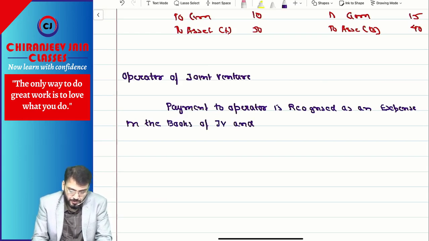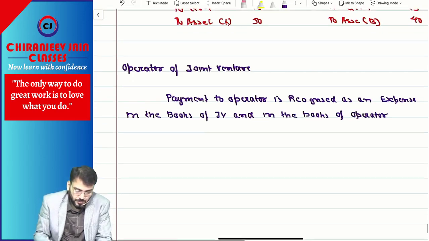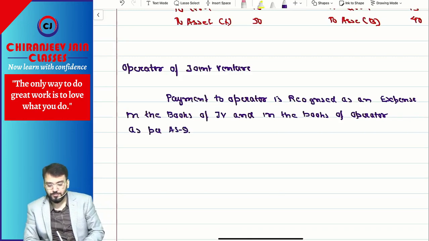in the books of operator as per AS 9. Understood?